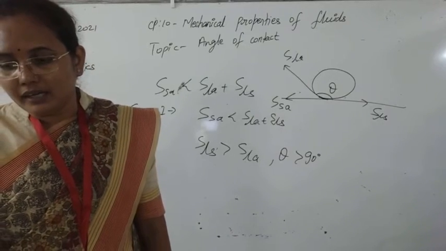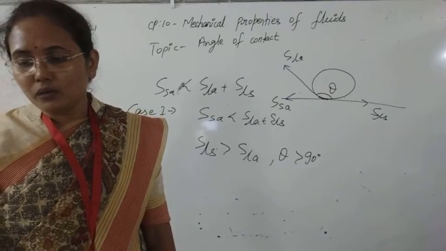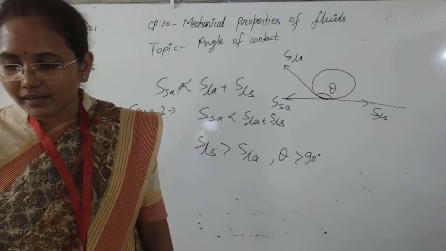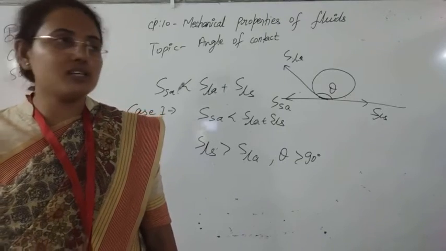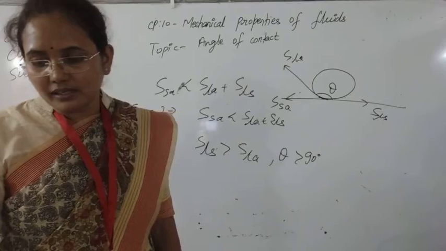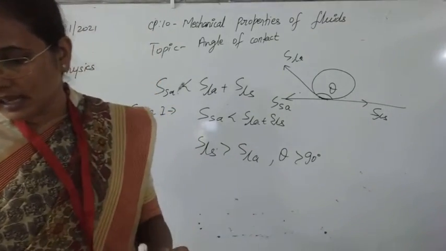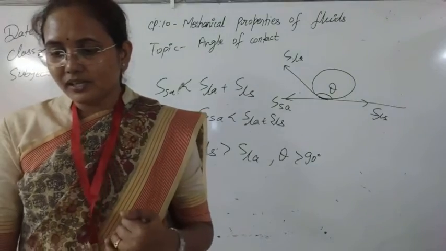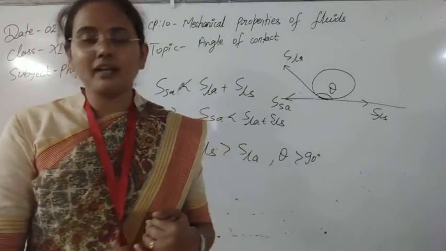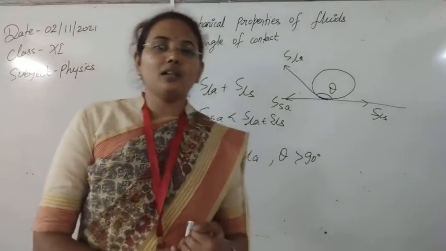Due to it, a lot of energy is required to create a solid-liquid interface, and the liquid does not wet the solid. Examples are an oily surface, wax, or mercury on a glass surface.